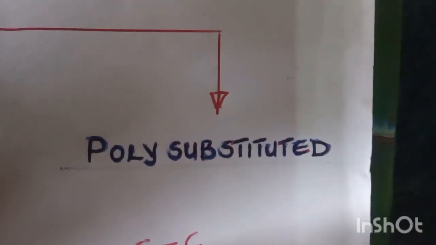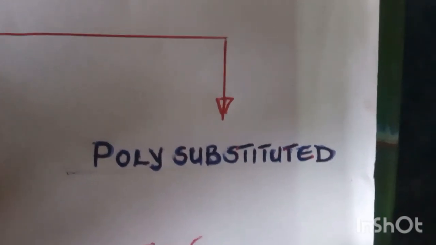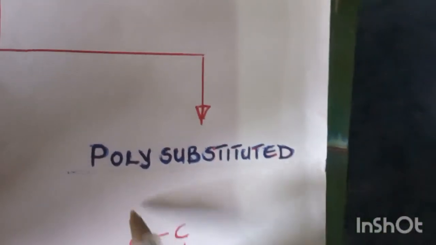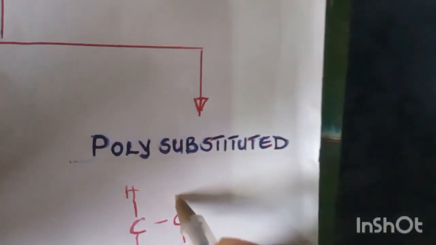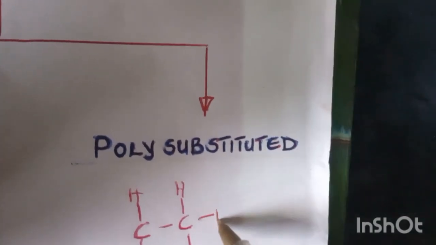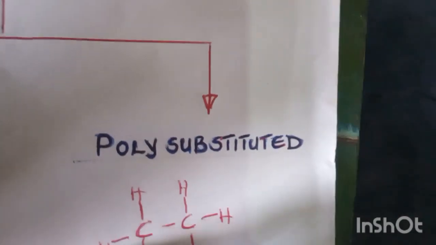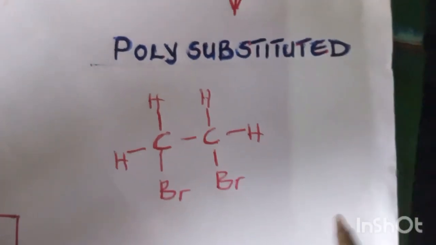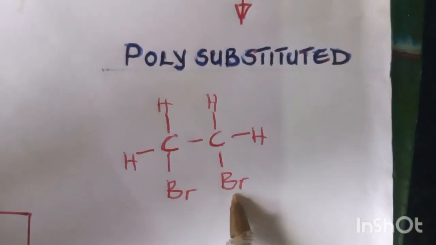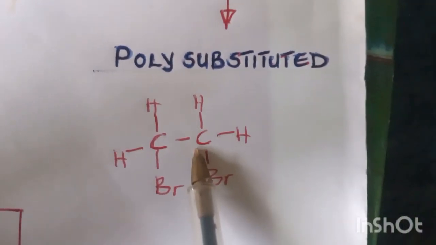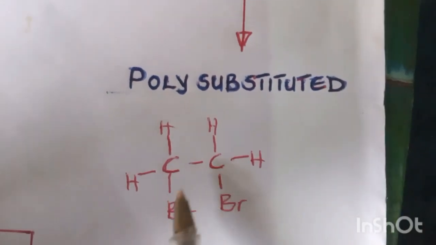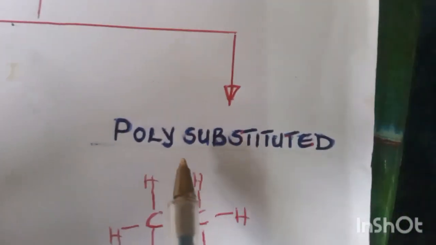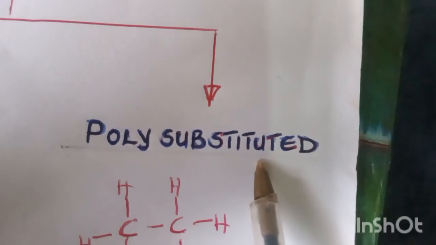Let me just draw the structure and then I will show you. This is the structure of 1,2-dibromoethane. Because it now has two halogen atoms in one molecule of the compound, this is referred to as a polysubstituted haloalkane.